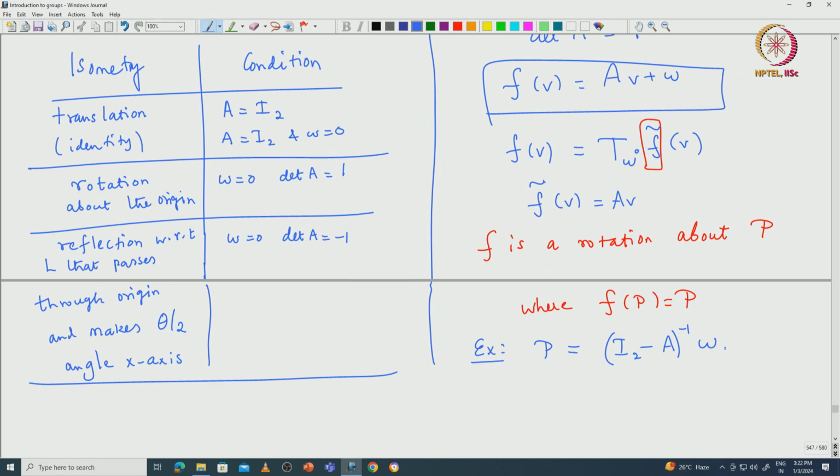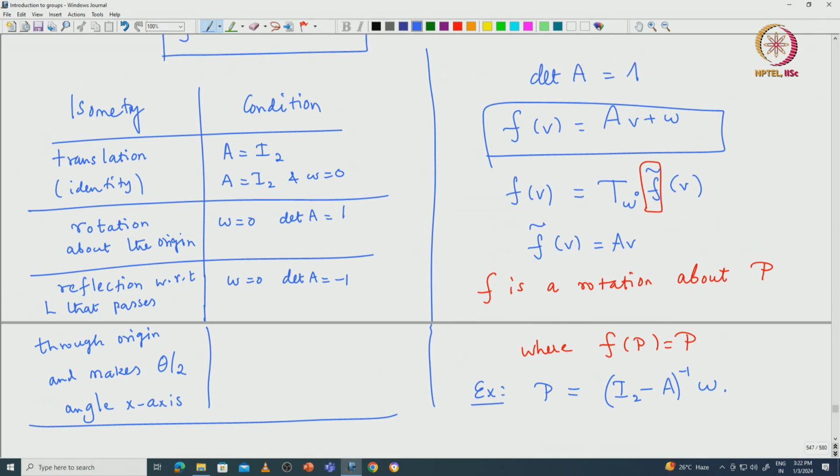So, this is something you can check directly, but it is clear from the formula. So, once you take a rotation about origin and compose with translation, then you will again get a rotation, and that rotation has this very explicit formula, and that is rotation about some point P, that point also given very explicitly using this formula.